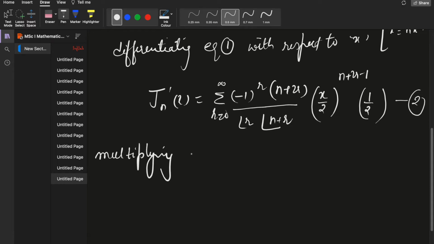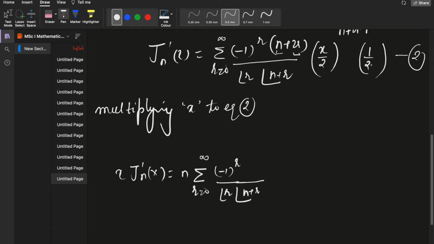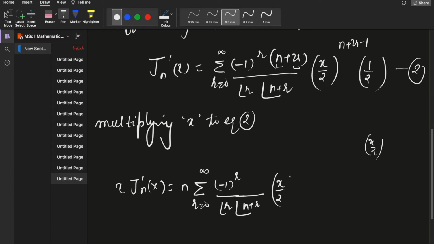Multiplying x to equation 2, this will give me x J_n dash x is equal to, if I separate all the terms with n and 2r, n is a constant, so I can take it out of the summation. So n, summation r tends to 0 to infinity of (-1)^r upon factorial r factorial n plus r, here 1 upon 2, and we had multiplied x, so we have an additional term x upon 2, and x upon 2 to the power n plus 2r minus 1 gives me x upon 2 to the power n plus 2r.